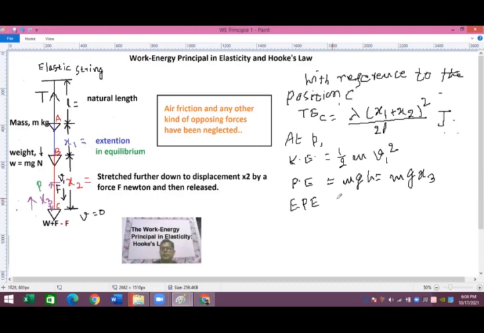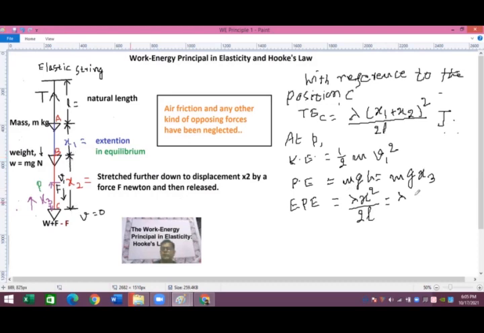And then what will be the elastic potential energy at this point? In general, you know that elastic potential energy is lambda x squared by 2L, where x is the extension, L is the original length, and lambda is the modulus of elasticity. And then it is lambda x squared, which means we have to check the extension. You can see here that up to here this is x1, and up to here this is x2.